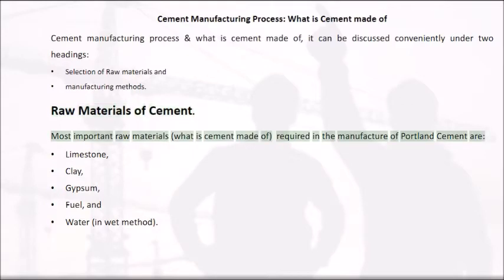The most important raw materials required in the manufacture of Portland cement are limestone, clay, gypsum, fuel, and water in the wet method.